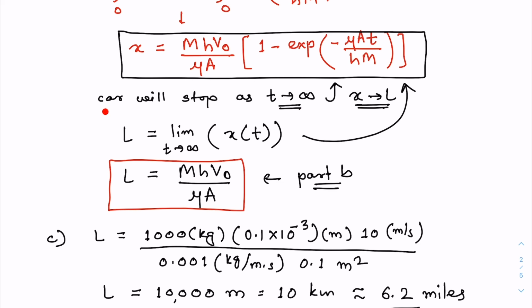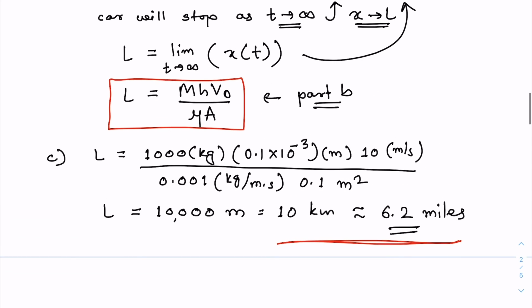As the vehicle stops eventually, we used the limit of time tending to infinity and found that the stopping distance L turns out to be mass times the film thickness times the initial velocity divided by the water viscosity times the area of the tires, and we just substituted the given values to find the solution to part C.